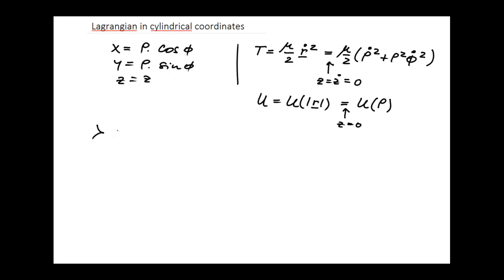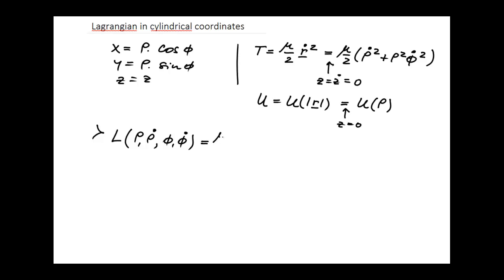This allows us to write now the Lagrange function in terms of the cylindrical coordinates. So in terms of rho, rho dot, phi, and phi dot. It's kinetic energy minus potential energy.